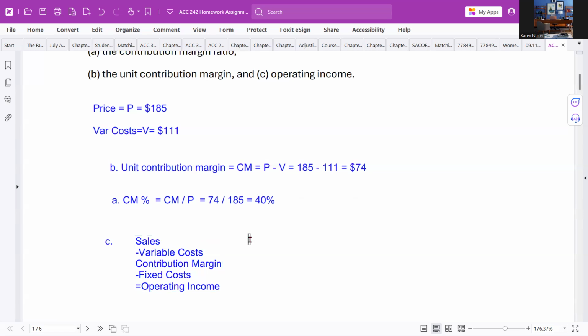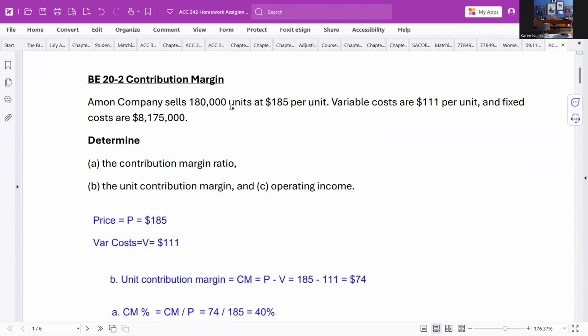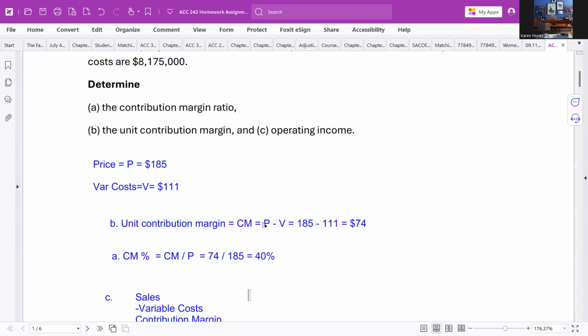So what are the sales? Well, the selling price of every unit is $185, and they sold 180,000 units. Sales is always going to be price times volume, right? So we need that P, and we want to multiply times that volume, and that's going to give us the sales.